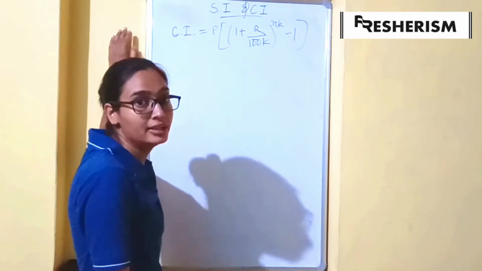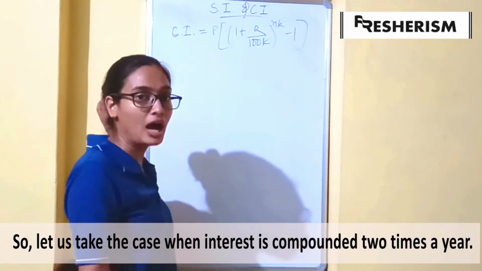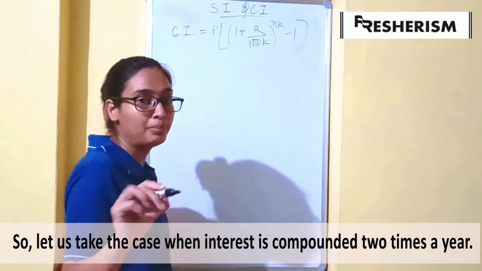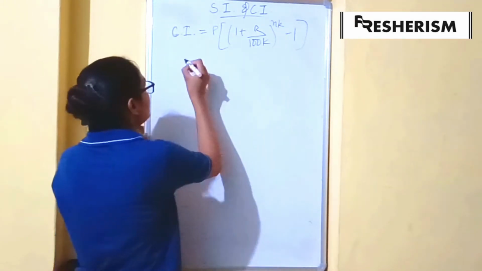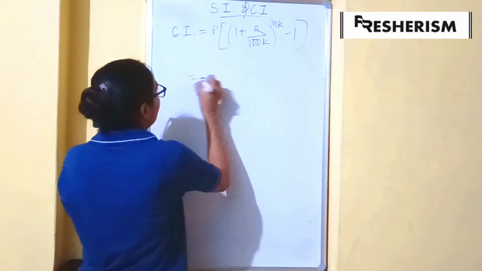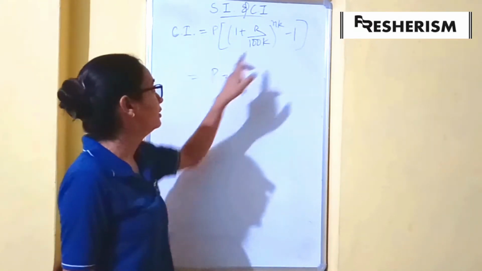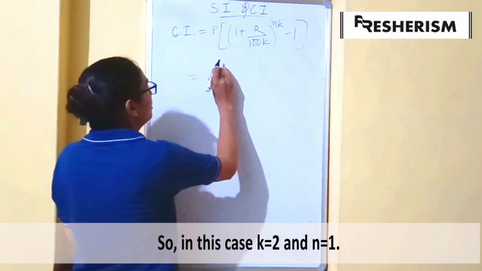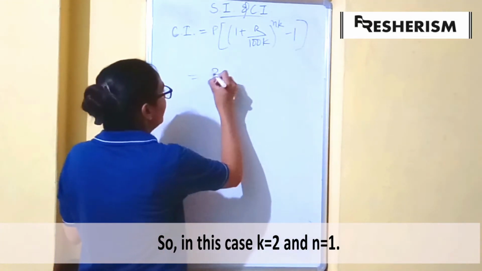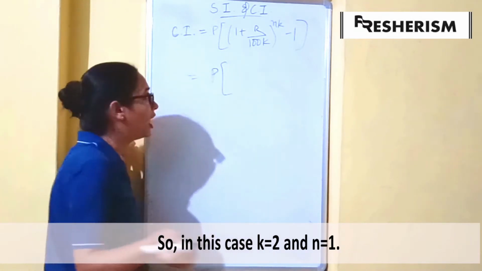So let us say that the interest is compounded half yearly. Then it would be compounded 2 times a year. That is, k would be equal to 2 in this case. So let us find it if the n, that is the loan period, is 1 year. Then we will have the formula for half yearly.